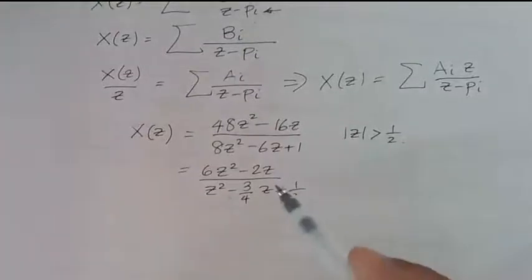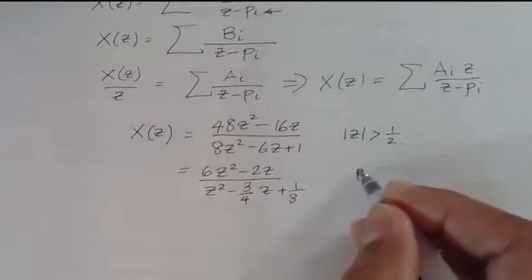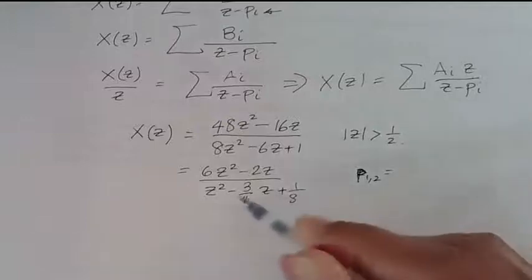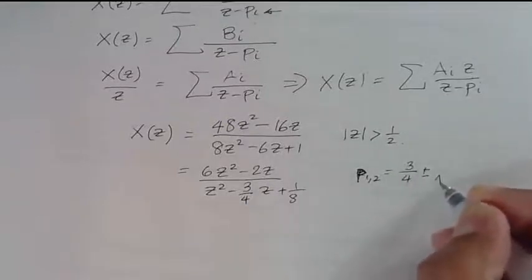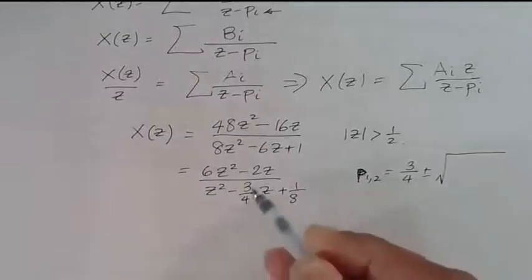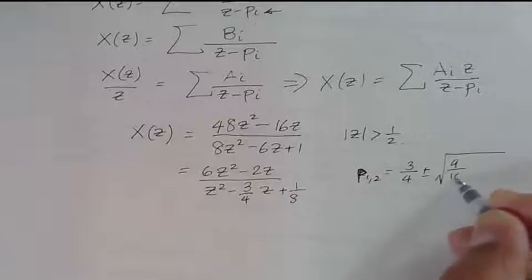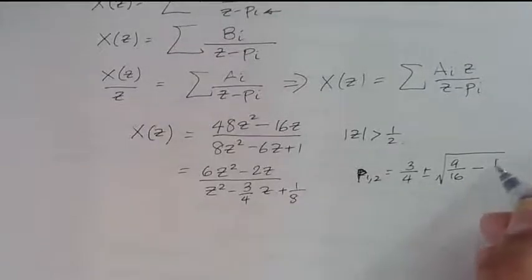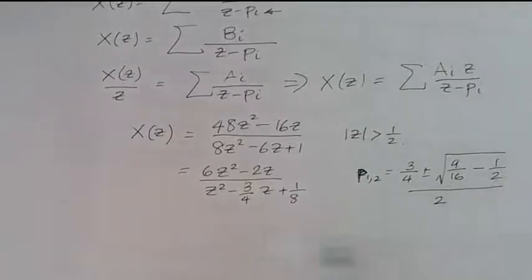And now I can find the roots of this polynomial, so p1,2 is equal to 3 over 4 plus minus the square root of 3 over 4 squared, so that's 9 over 16, minus 4 times 1 over 8, so that's a half, all divided by 2.